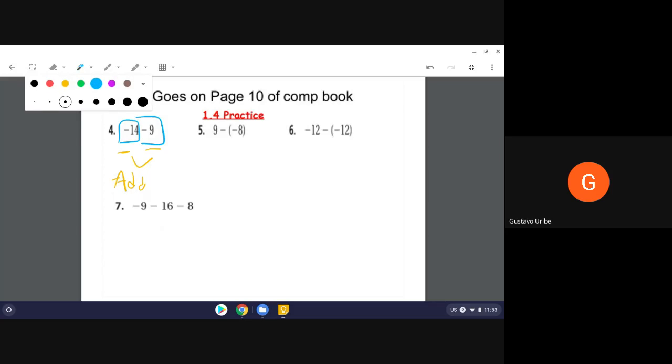So let's do 14 plus 9. This gives me a 3. I'll move the 1. 1 plus 1 is 2. This gives me 23. When I add, I have to keep the sign the same. These are both negatives. Again, if you're not used to this yet, let's think about this. This is 14 negatives.